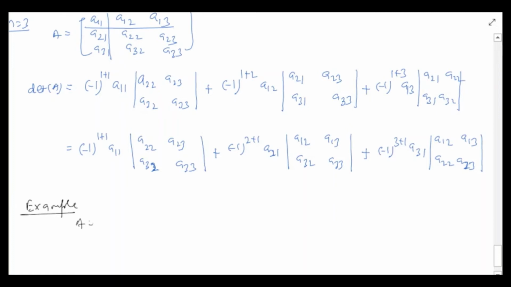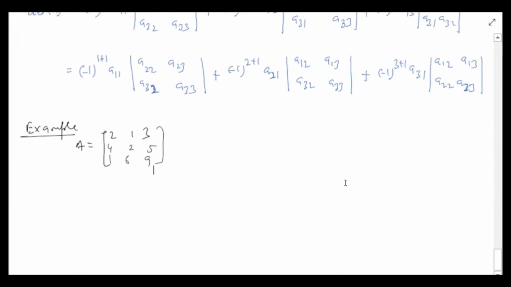So let us consider the 3 by 3 matrix 2 1 3, 4 2 5, 1 6 9. Let's compute determinant of A via expanding along the first row.